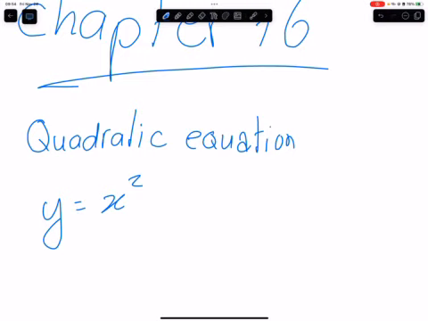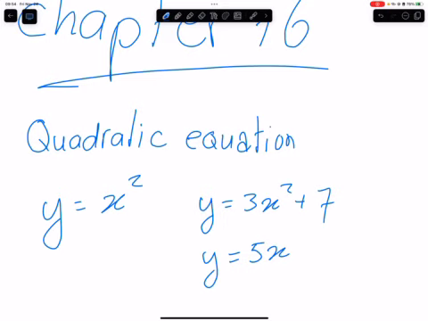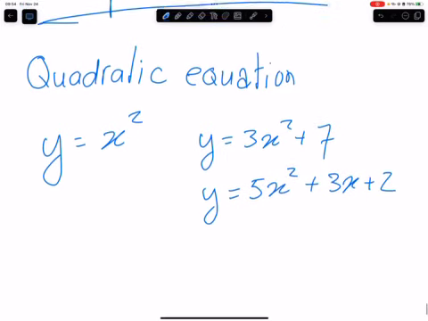Yeah, to the power of 2, squared. And you have different forms of this quadratic equation. For example, that is one.